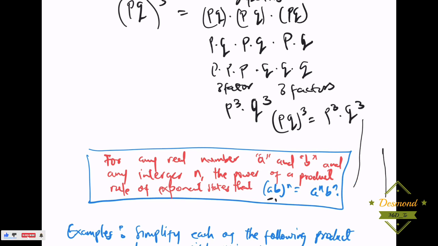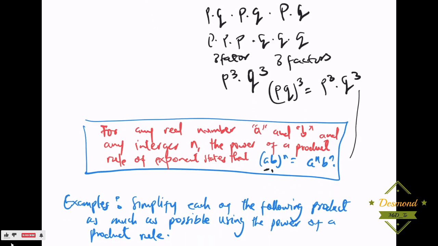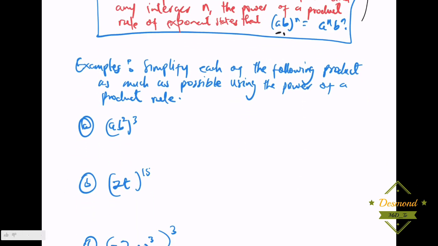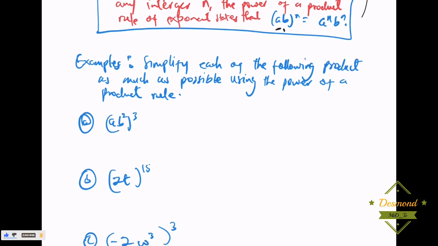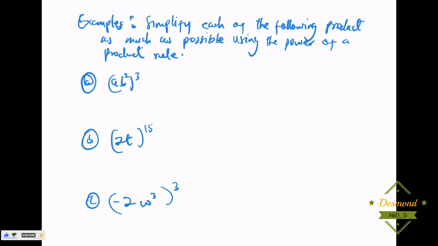With our examples, we are going to simplify each of the following products as much as possible using the power of a product rule. We have our first question: a b squared, in one bracket exponent 3.